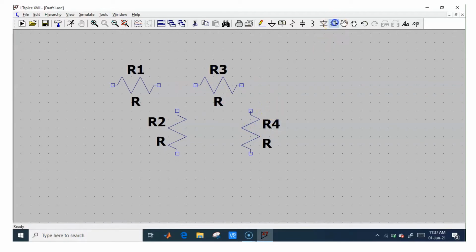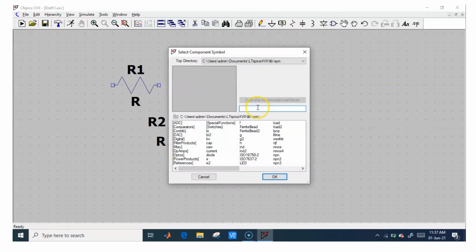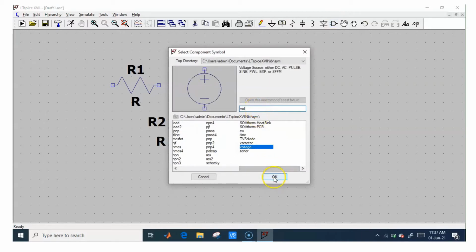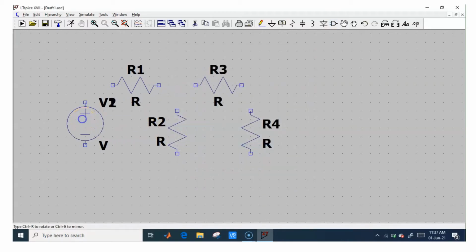And we have a voltage source. Ground point is very important in every circuit in LTspice. Let's connect the circuit.